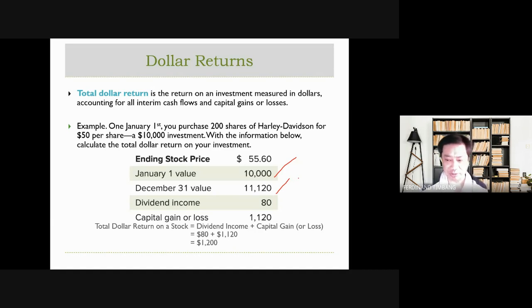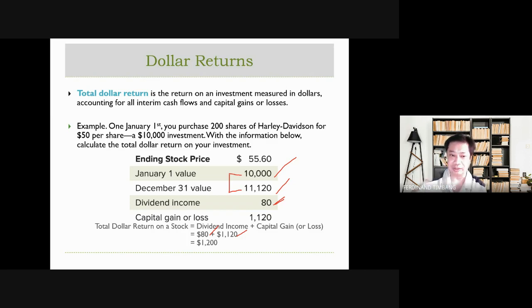Tapos you received dividend of 80. So the total return is the difference between the two, so that is 1,120. And then of course you have the 80, which is your dividend income. So the total return now, once added, is 1,200.